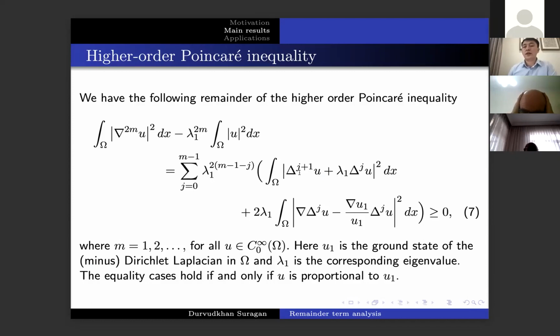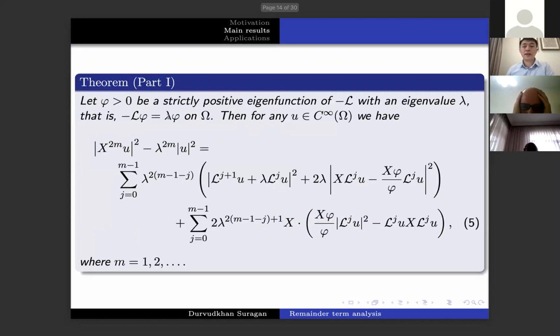Then you see everywhere positive numbers. Here we had an assumption that the operator L must have some strictly positive eigenfunction on omega.